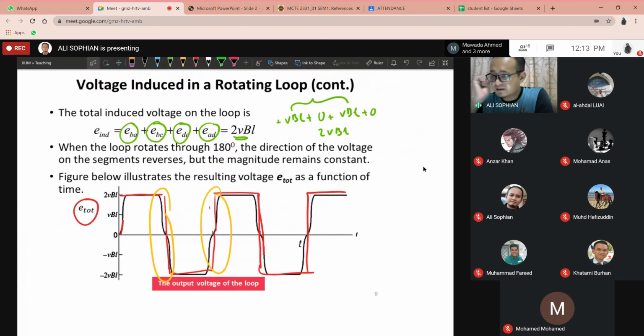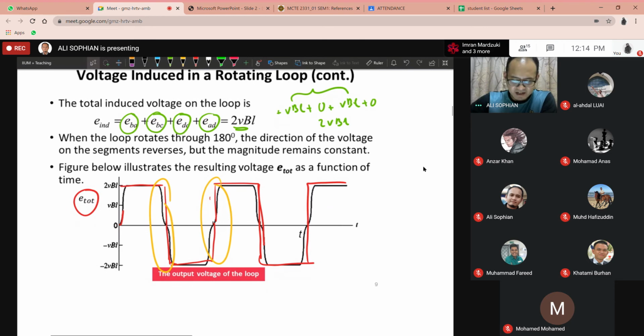Either you can speak it up or you can write it on the chat box. Currently, I cannot see the chat box. If any of you has written on the chat box, please let me know. Anyway, let me know if you have any question.